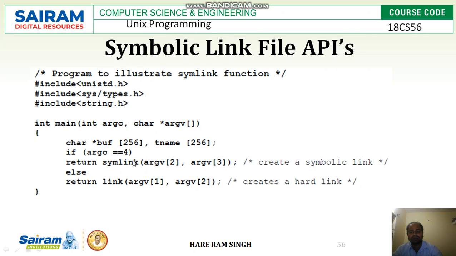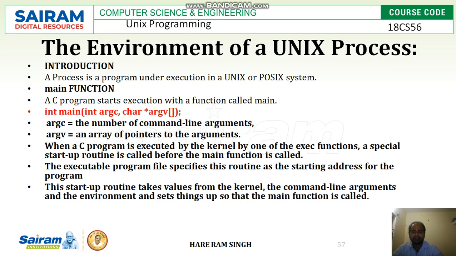If argc equals 4, then return symlink(argv[2], argv[3]). Here argv[2] works as the original file and argv[3] works as the symbolic file, so the symbolic file will be created here. Else return link(argv[1], argv[2]). Otherwise a hard link will be created.